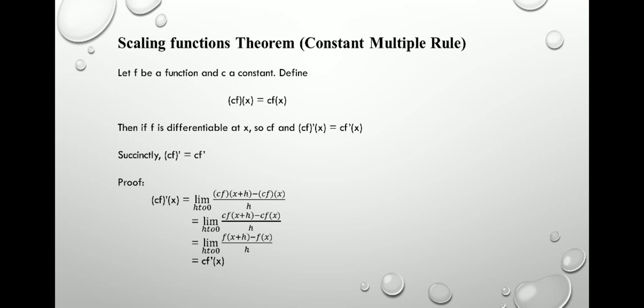The quantity (cf) prime of x is equal to the limit of ((cf)(x plus h) minus (cf)(x)) over h as h goes to 0, which is equal to c times the limit of (f(x plus h) minus f(x)) over h as h goes to 0, which is equal to c f prime of x.